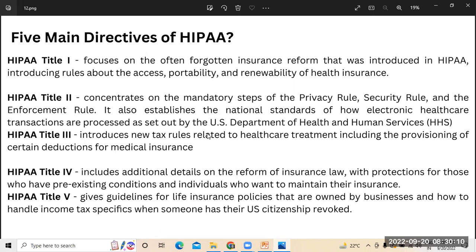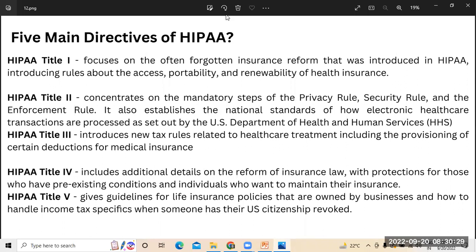So these are the different rules in reference to the healthcare treatment, depending on the time to time, situation to situation. There will be some amendments from time to time, which normally happens under the title 3.